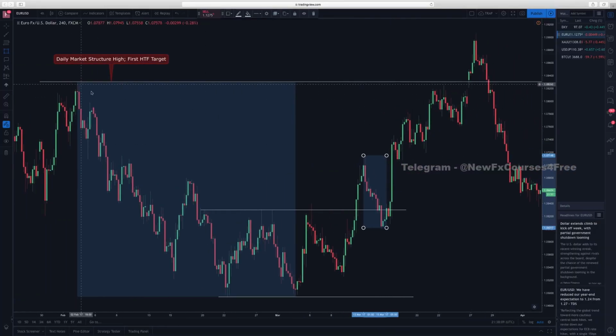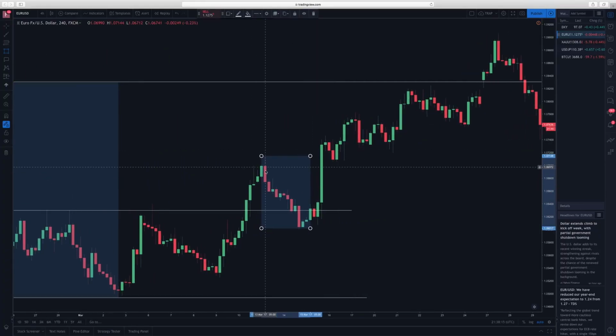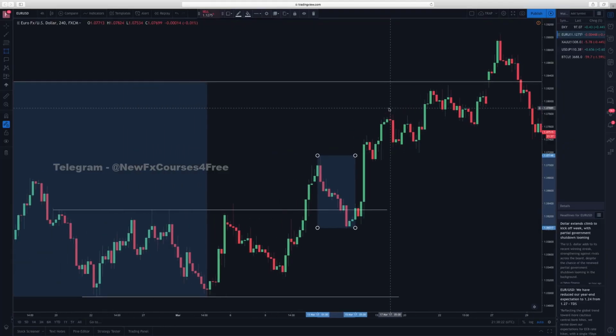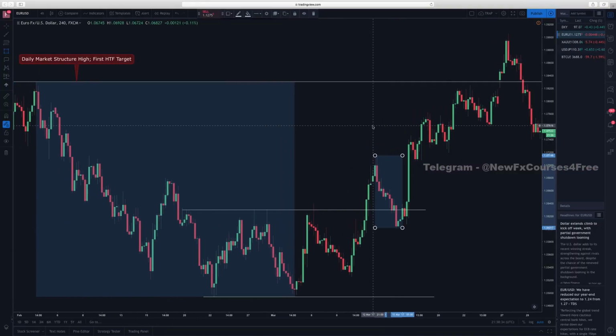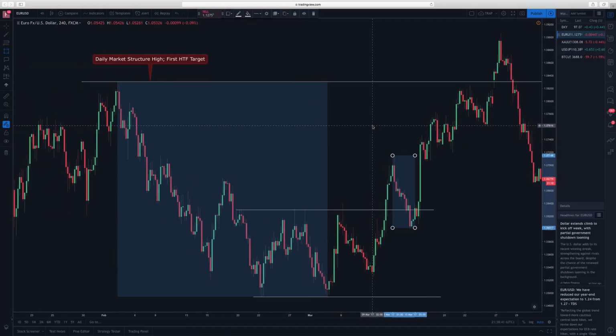So daily movement, market structure break via H4 to trade back up; H4 movement, market structure break via a 1 hour or a 15 to go up. Exact same concept, exact same way that we've walked through every kind of market structure in this video. It applies down the time frames and up the time frames. You just transpose the same concept sort of thing.